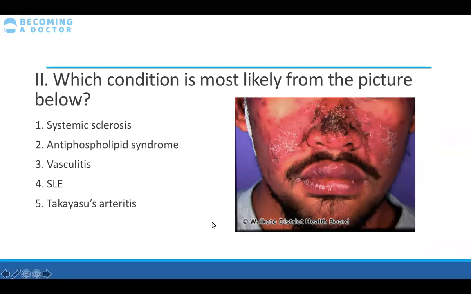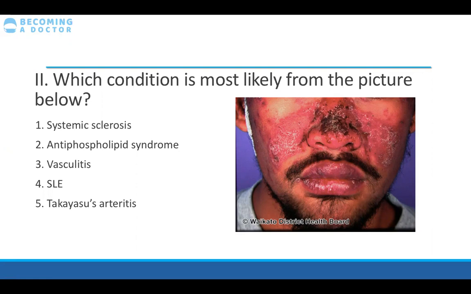Okay, so I'm going to share the results. The majority of you have said systemic sclerosis, and then we've got a vote for antiphospholipid syndrome and a vote for Takayasu's arteritis, but no votes for SLE and vasculitis.